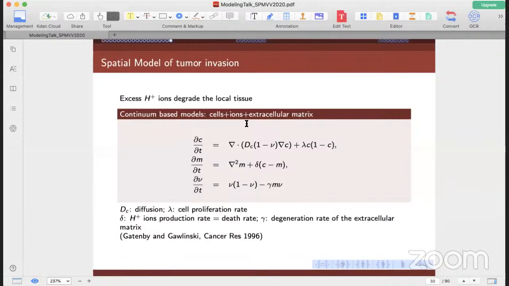So nu is the extracellular matrix. So we have the cells, ions, extracellular matrix, and the corresponding growth rate, death rate, etc. For the cells, we have lambda, for the ions, delta, and for the extracellular matrix, we have gamma as the corresponding growth factors.